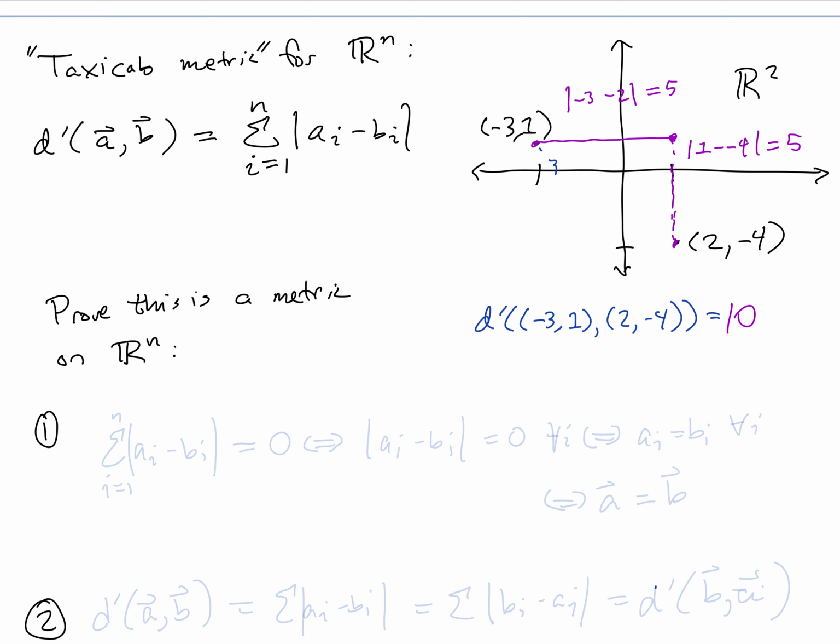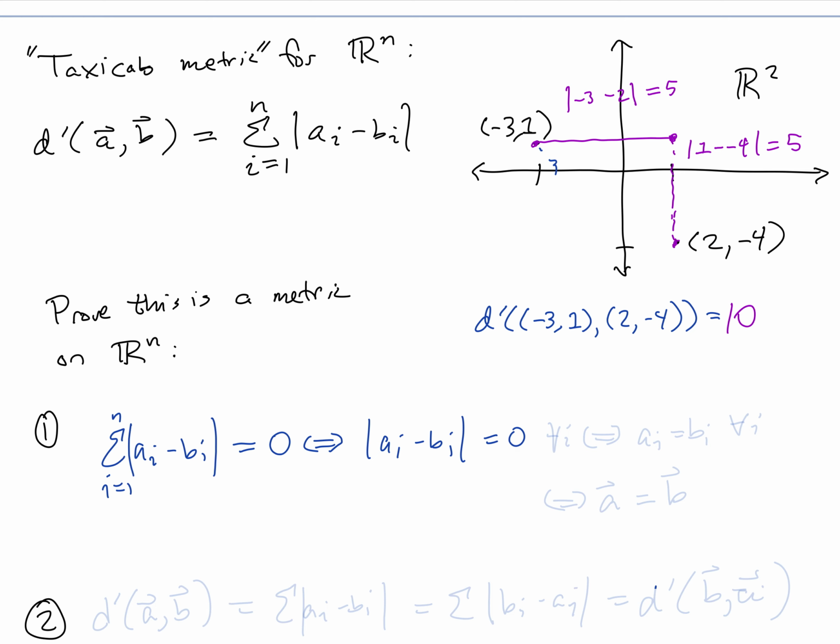So let's prove that this is a metric on Rn, on the real numbers in n dimensions. So first of all, the distance between 2 points A and B, the sum of the absolute value of ai minus bi from i equals 1 up to n, is going to be equal to 0 if and only if the absolute value of ai minus bi is equal to 0 for every component. Why is that? These are non-negative real numbers added up together.